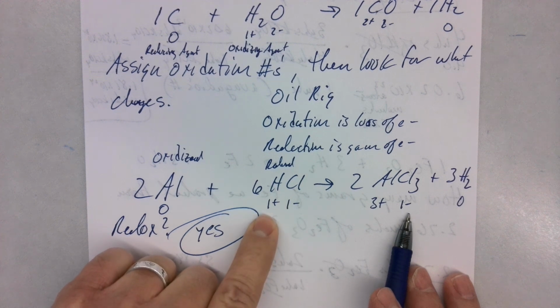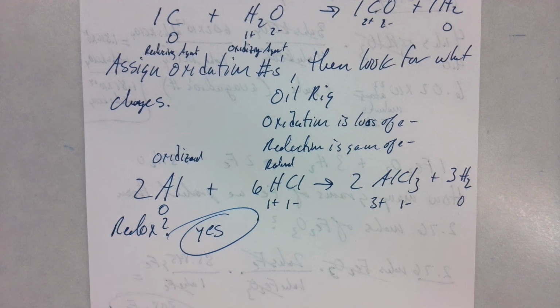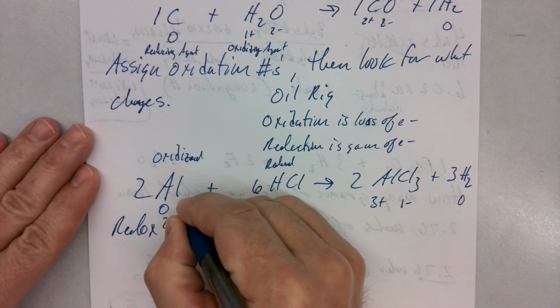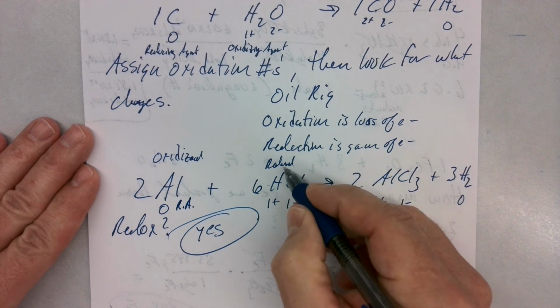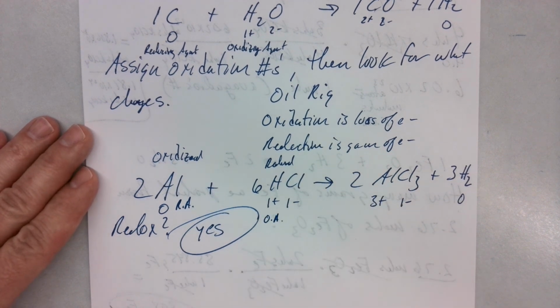H was reduced because it went from a 1 positive to a 0, so it gained an electron. Gained a negative. 1 negative plus a positive, right? Now, because my Al was oxidized, that makes it my reducing agent. Because H was reduced, it makes it my oxidizing agent. Okay? That's what you got going there.